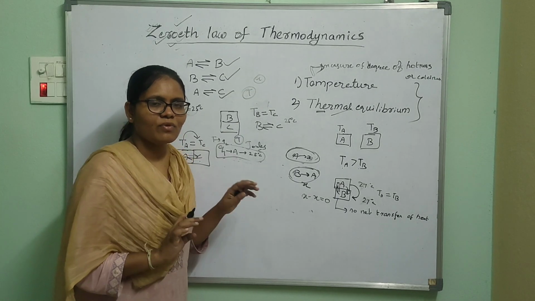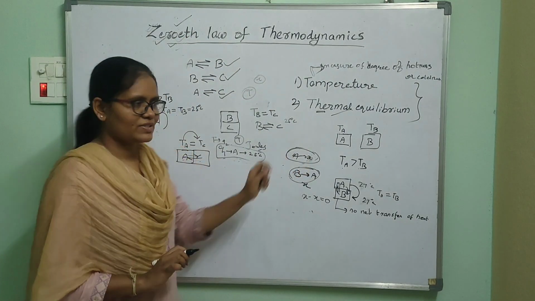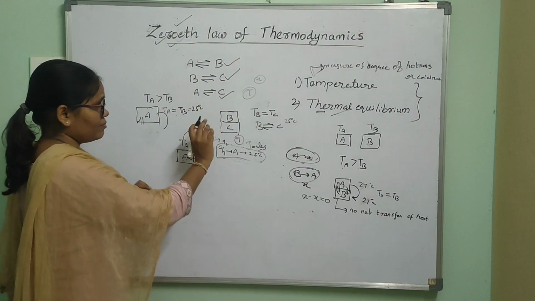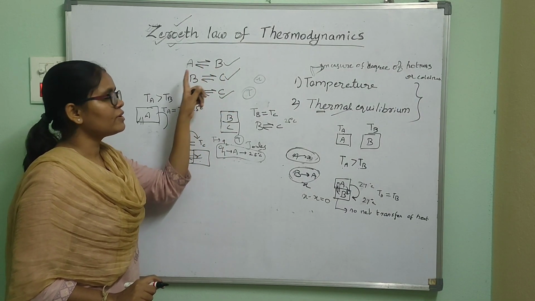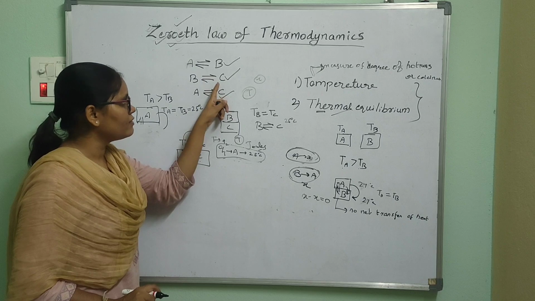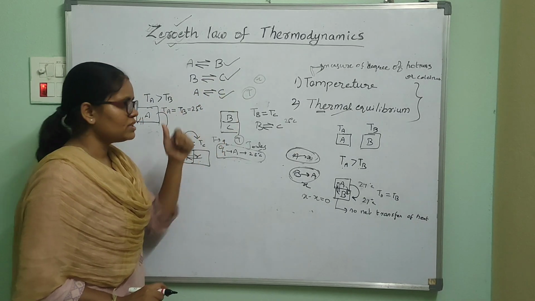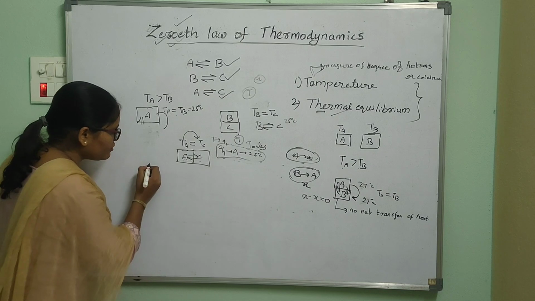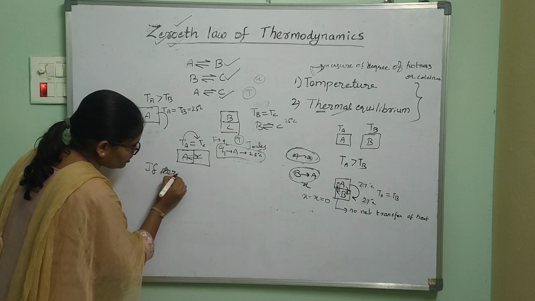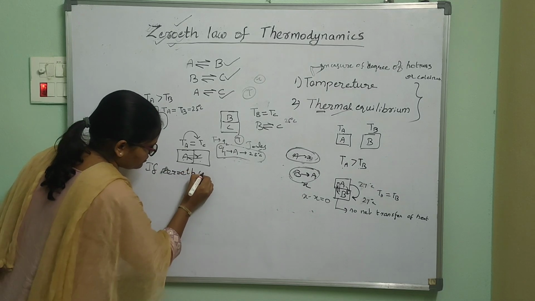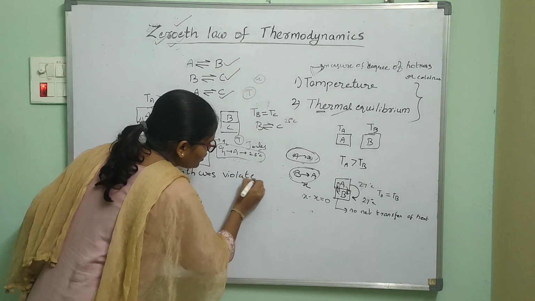Now let us see what would have happened if nature did not obey the zeroth law of thermodynamics. Because nature obeys the zeroth law, when A is in equilibrium with B and B is in equilibrium with C, then A will also be in thermal equilibrium with C. But if nature violated this law, what would have happened?